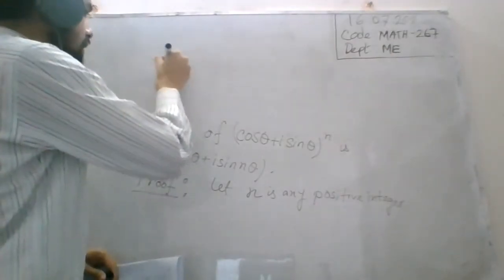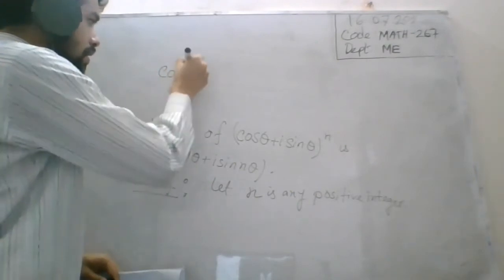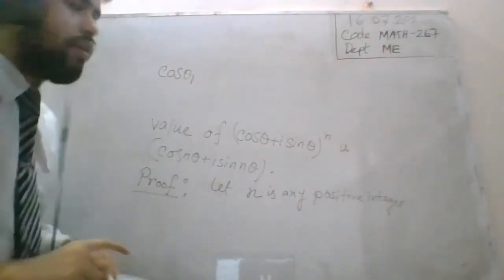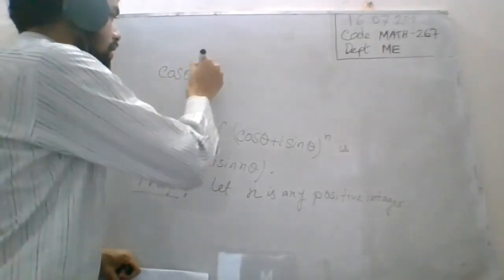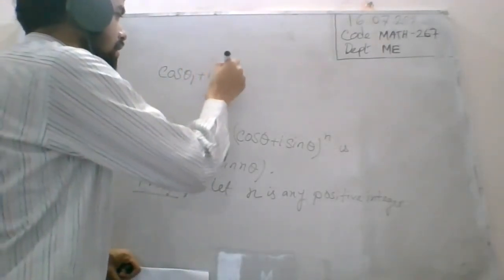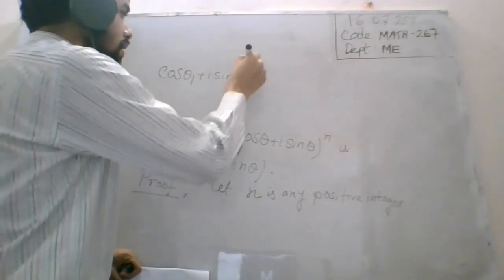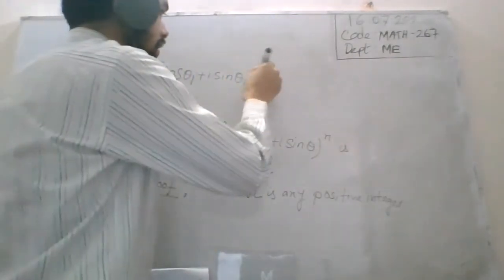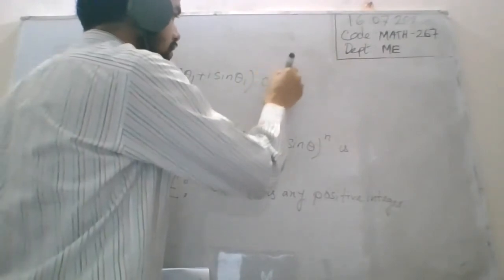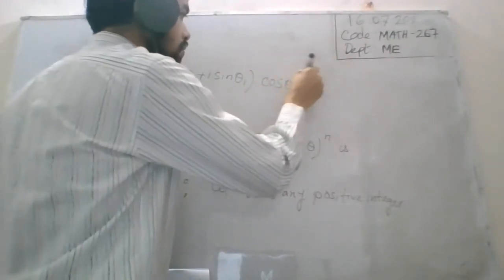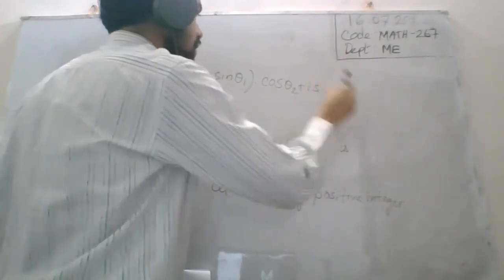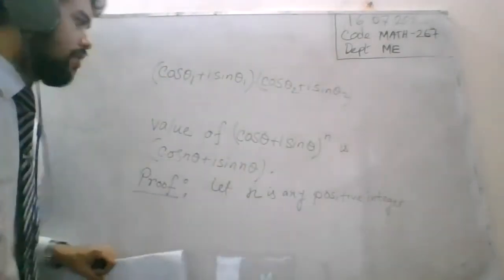So take cos theta 1 plus i sin theta 1, and cos theta 2 plus i sin theta 2. Just multiply these two.